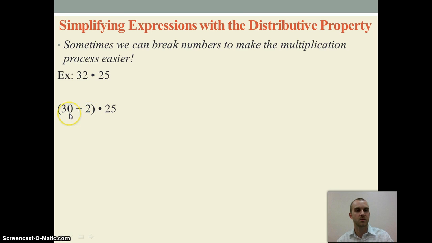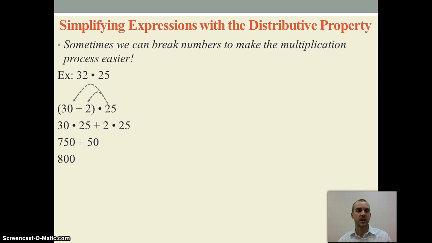That's the same value, but using the distributive property, I can distribute the 25, and that's a lot easier to work with. Because 30 times 25, I know I can do 3 times 25 is 75, add the 0, because that's like multiplying by 10, and then I've got 2 times 25 is 50. Much easier. And then 750 plus 50 is 800.